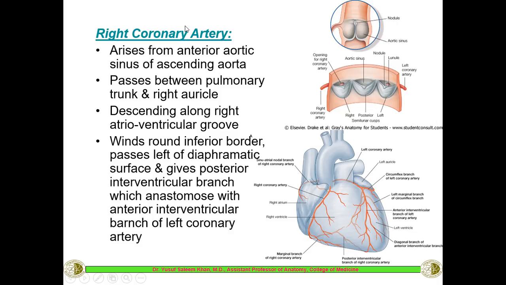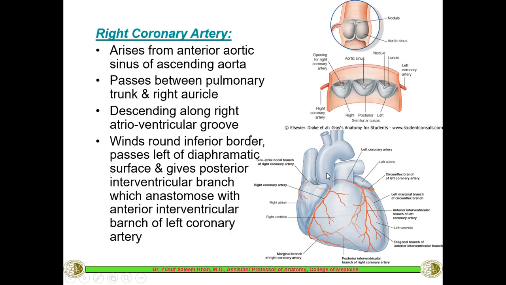If you can see here, all these are the three cusps of the semilunar valve. This is the left one, this is the right or the anterior one, and this is the third one which is called the posterior. So the right coronary artery begins from the right, also called the anterior aortic sinus. It passes between the pulmonary trunk and the right auricle.